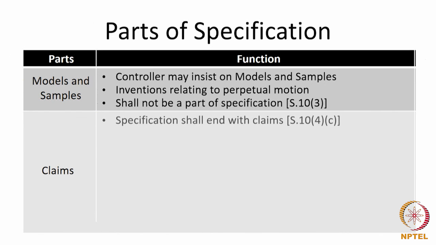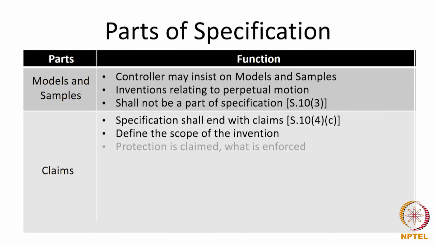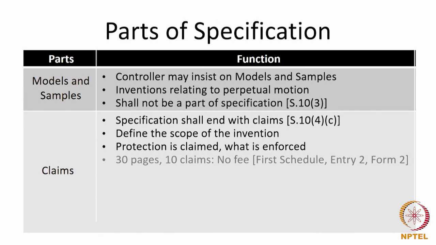Claims. The specification shall end with the claims. As we said, the concluding part of the patent specification is the claim. They define the scope of the invention, the protection is claimed for what is in the claim, and that is what can be enforced. Normally the minimum number of claims that you can have without paying any extra fee is 10 claims.